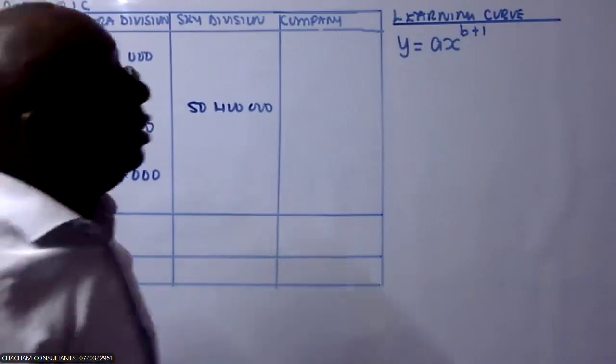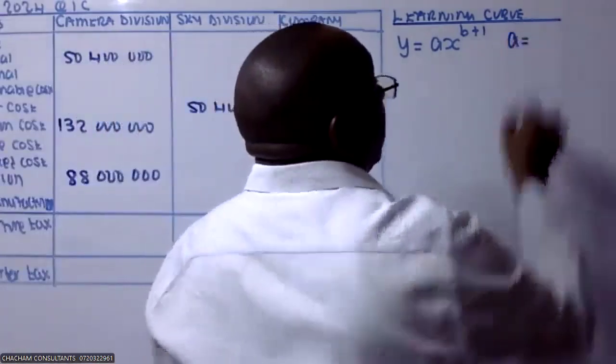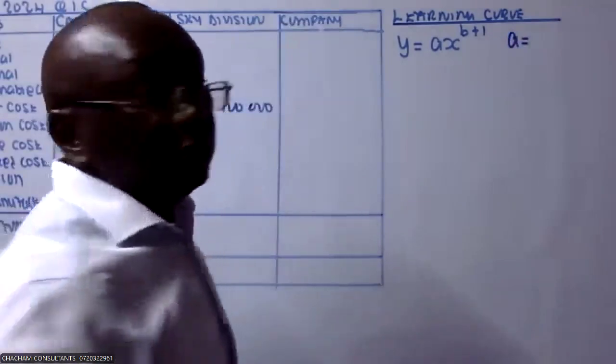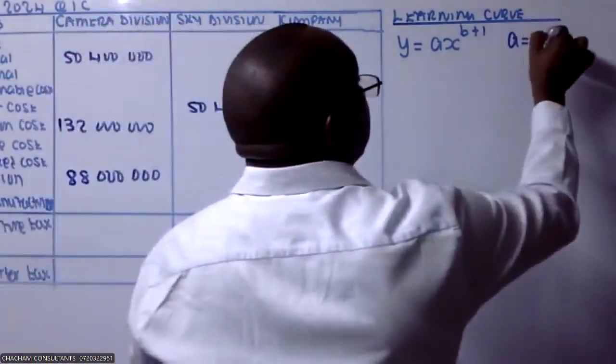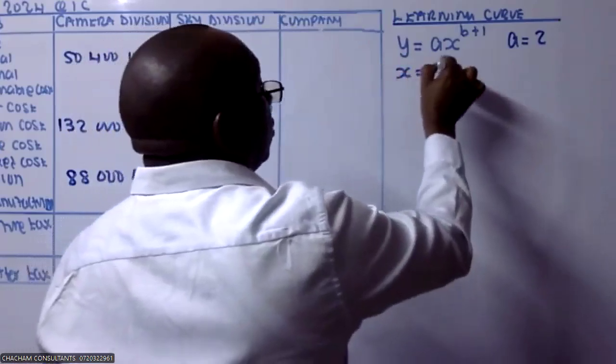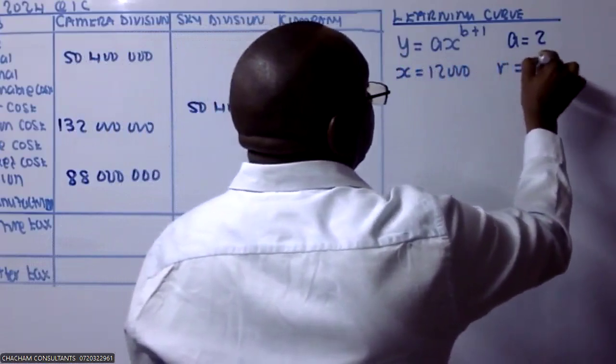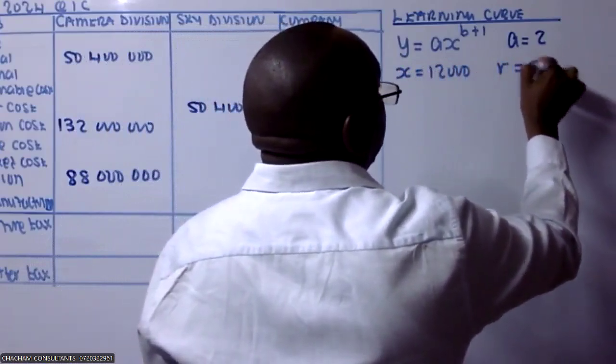We have already been told that our A, the first drone, is taking 2 hours. Then X, we know they are 12,000. R, we know it is 0.8 or 80%.